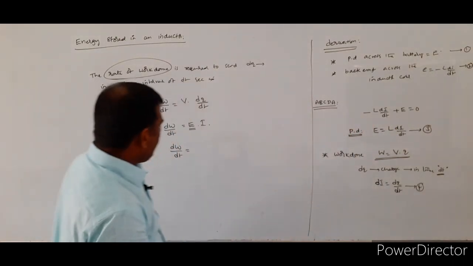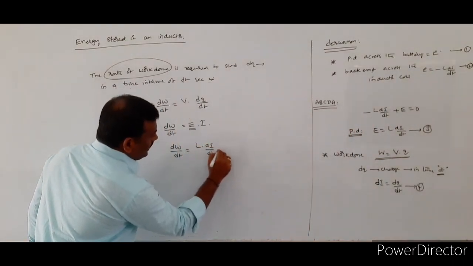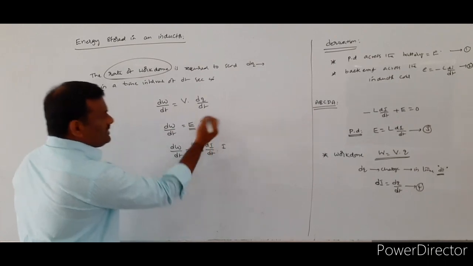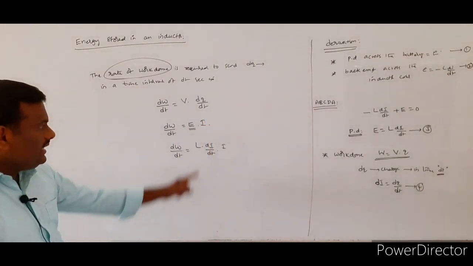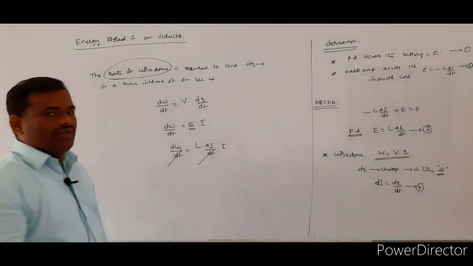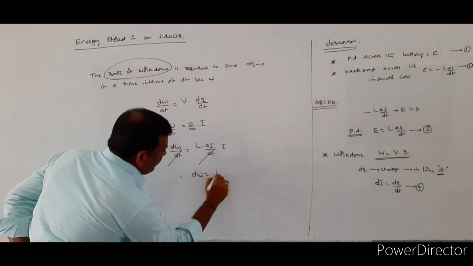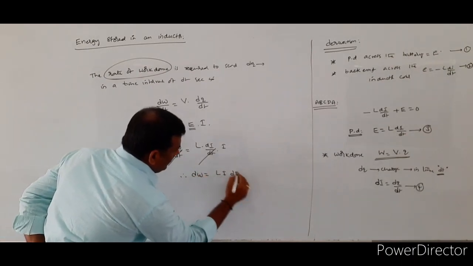E is equal to L into di by dt. Here this dt will get cancelled. Therefore you get dW is equal to L I di.